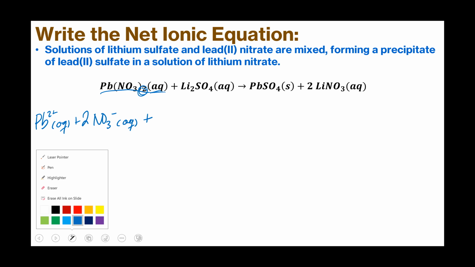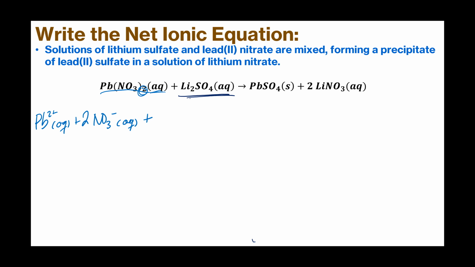Okay. We have lithium sulfate that is also aqueous, and so this is a strong electrolyte that's aqueous. We can dissociate it. We have 2 Li+ aqueous, and we get a sulfate left over that is aqueous. On the other side, we've got lead(II) sulfate, and it is a solid.